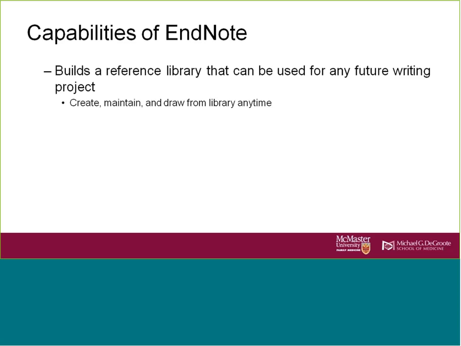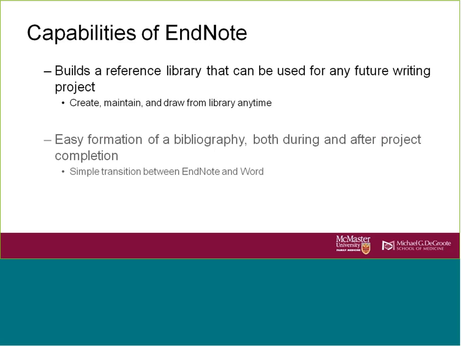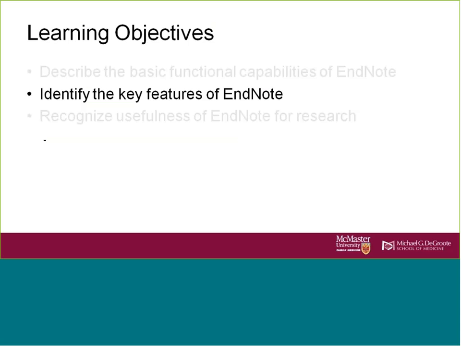You can access, maintain and draw from that library at any time during your project. At the same time, it's very simple to organize and develop a bibliography within your project, instead of doing it manually, which can take a long time and is very error prone. Software can do it for you. It's very cool. And it's really simple transitioning from EndNote to Word and vice versa. Those are the basic functional capacities of EndNote.